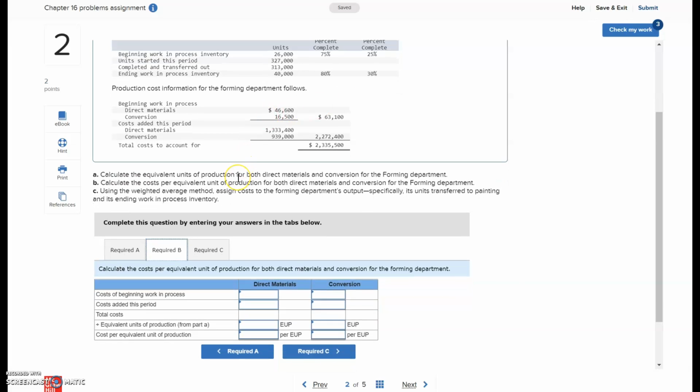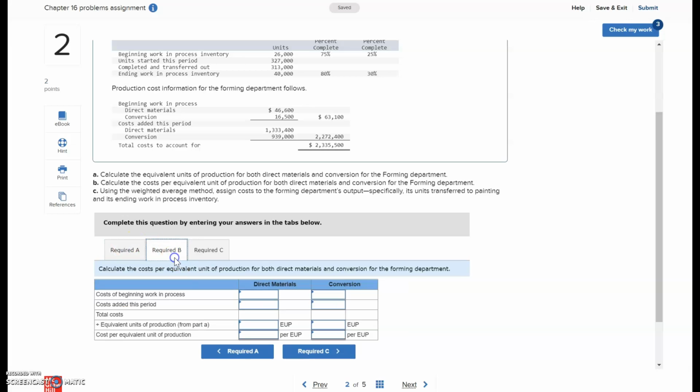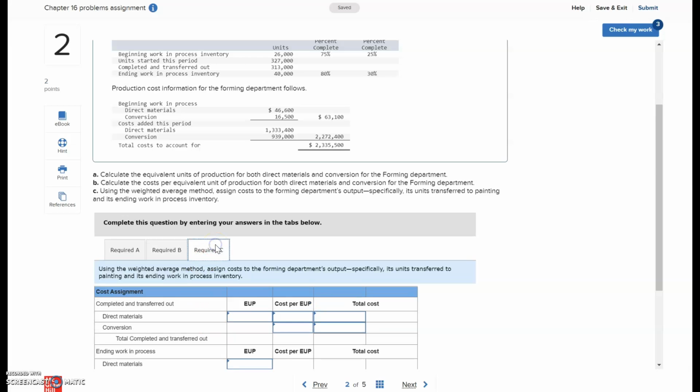And then you get your cost per equivalent unit of production. So you're accumulating the costs, taking the information you've been given, broken down between direct materials and conversion costs. We'll divide by the equivalent units of production that you computed in requirement A. Get your cost per equivalent unit of production. You'll use that in requirement C.